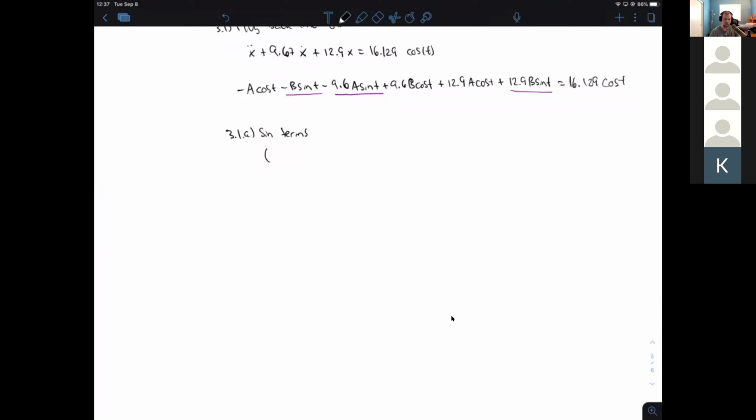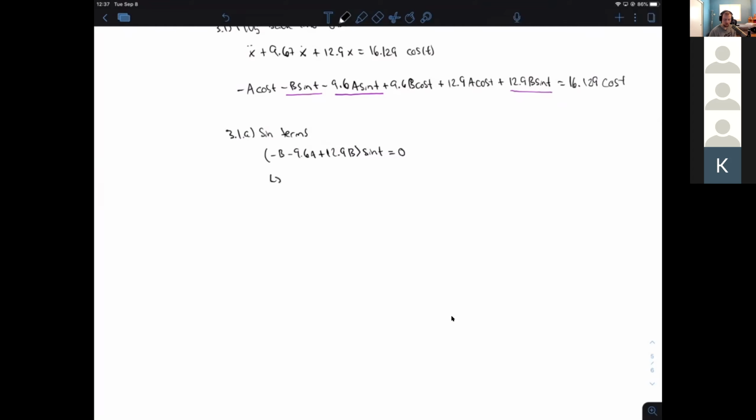So I'm going to write all of those out. So we have minus b minus 9.6a plus 12.9b, and all multiplied by sine of t, so I just took sine of t out, equals 0. All right, so remember it's equal to 0 because on the right-hand side, we don't have a sine of t, we just have a cosine of t function.